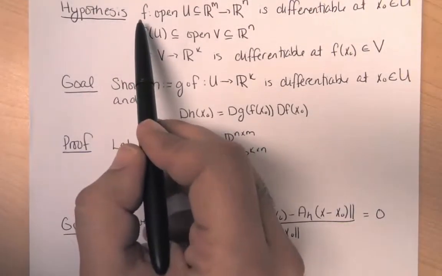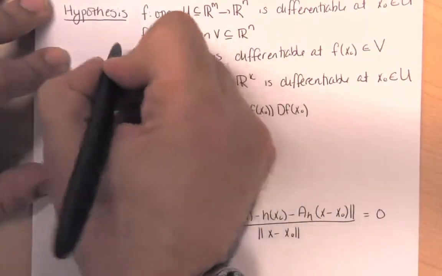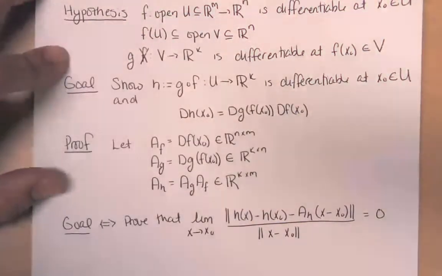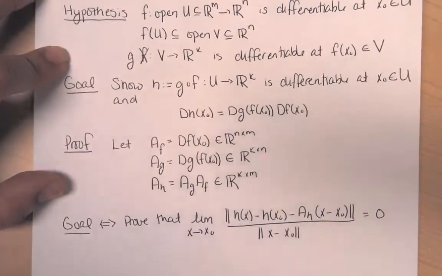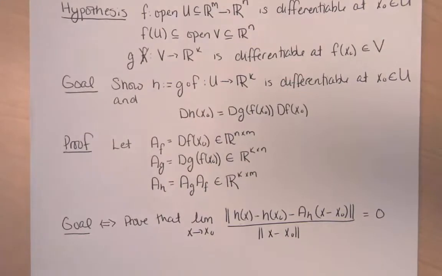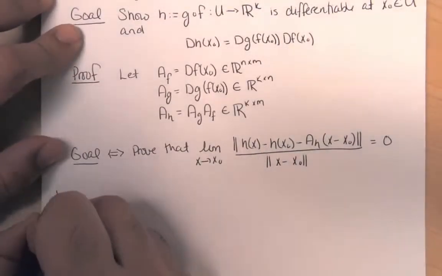We know from the statement of our hypothesis that f is differentiable and g, oh, that should be a g. g is differentiable at f of x naught. So let's rewrite this in terms of f and g. Let's take a look at the numerator.